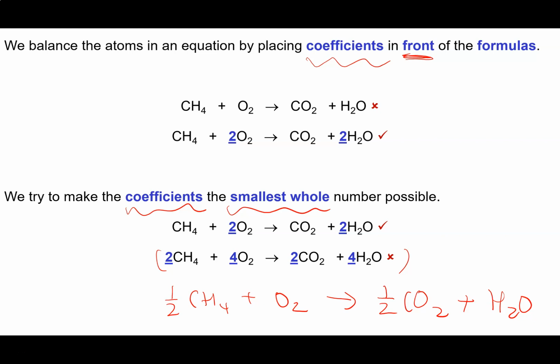While that is balanced, this is not the smallest whole number set of coefficients. So I'd actually multiply everything by 2 in there to get this up to a whole number set of coefficients. And we're going to see that later on as well, that sometimes when we balance, we actually have a fraction in there and we need to multiply to remove that to get the smallest whole number set of coefficients.